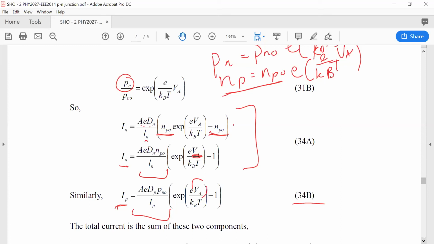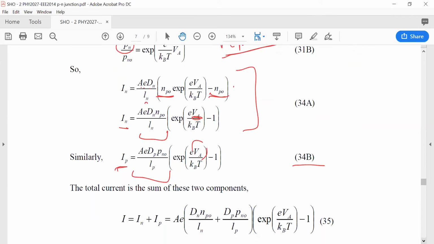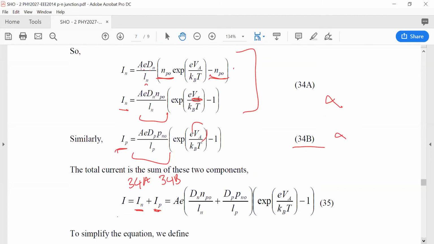So this is I, which is IN, 34A, plus IP, 34B. We add them together, and we still get a list of constants and the dependence on the voltage.